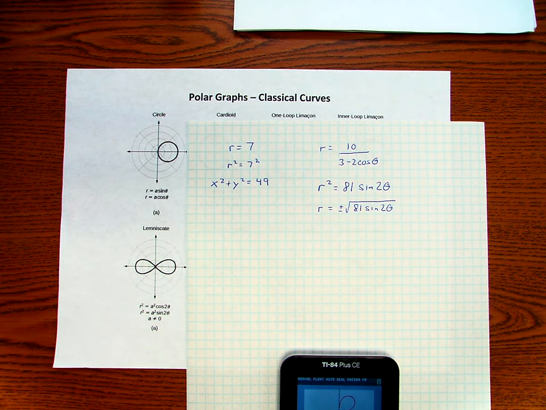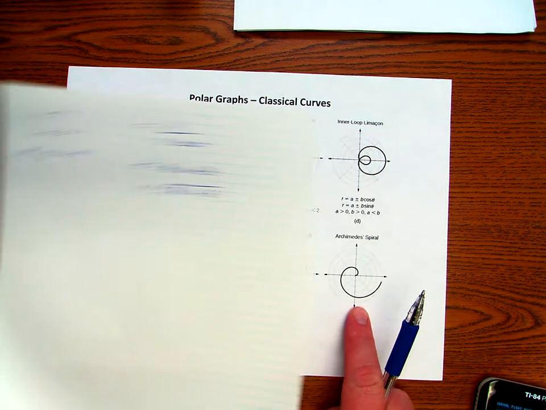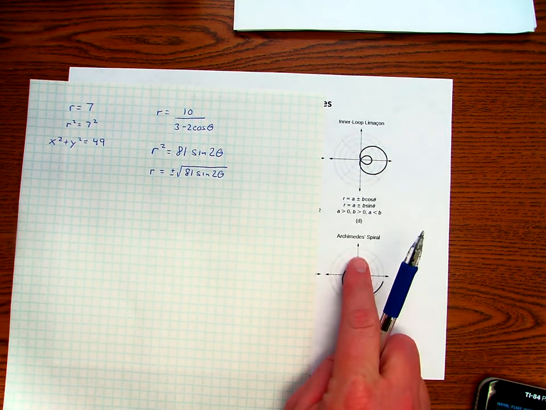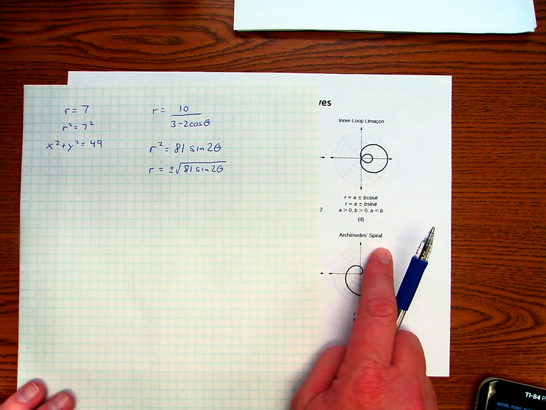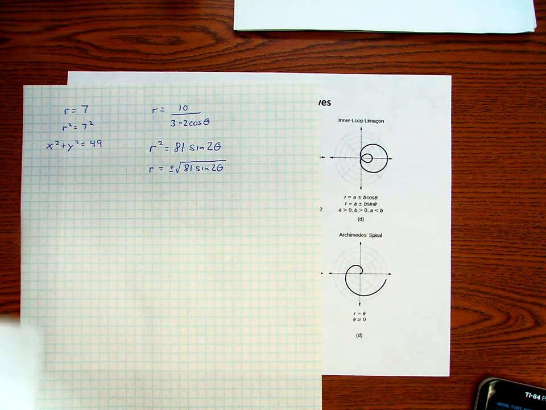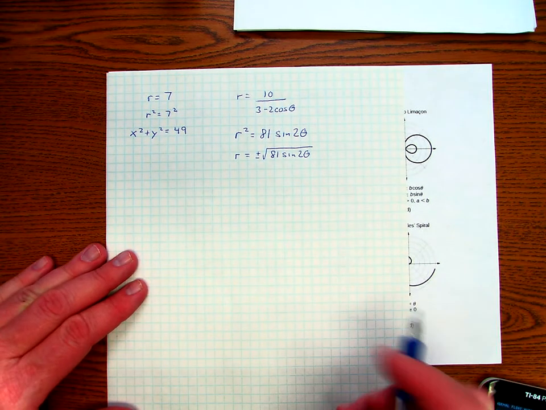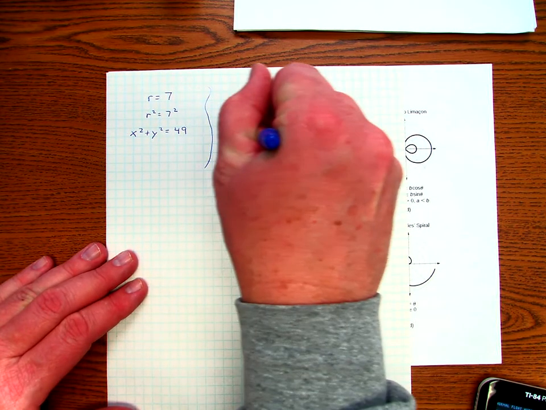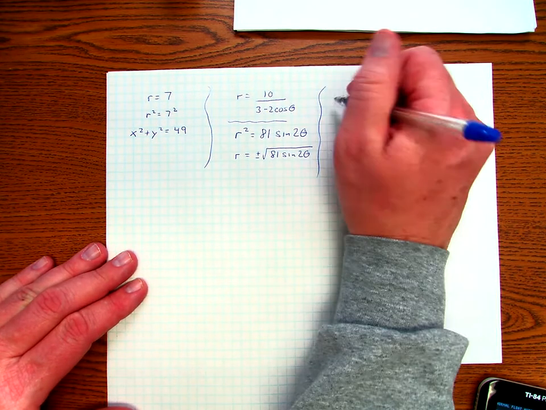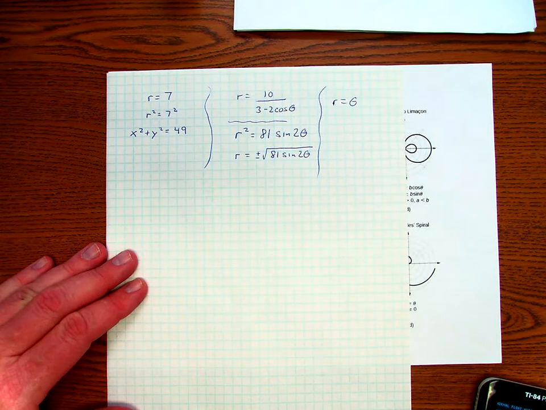All right, next one we're going to look at is this Archimedes spiral is how it's named here. Some books and websites refer to it as the spiral of Archimedes. Either one is correct. For this here, we're back to a very, very simple equation. This r is equal to theta.